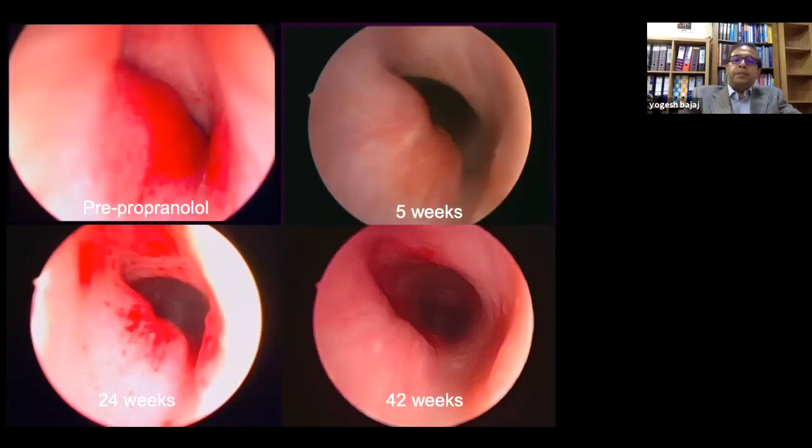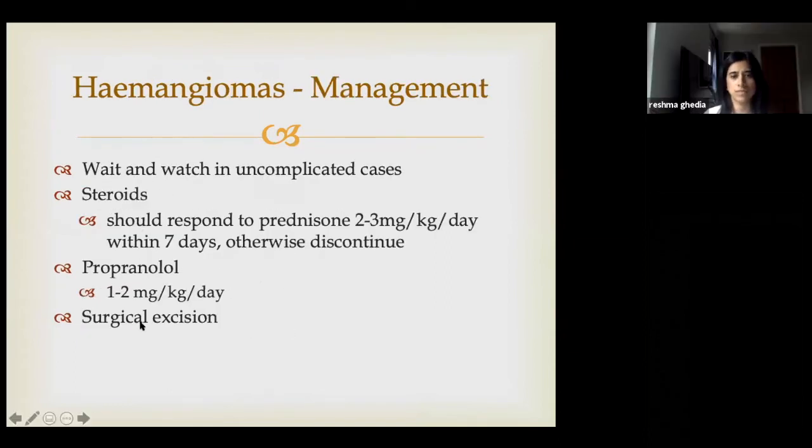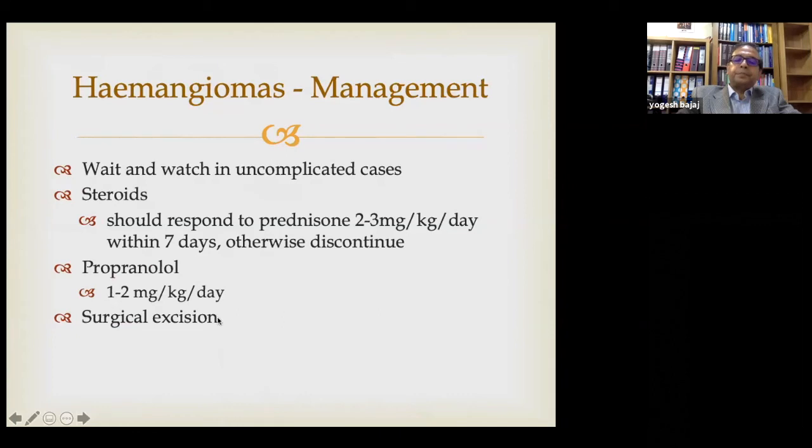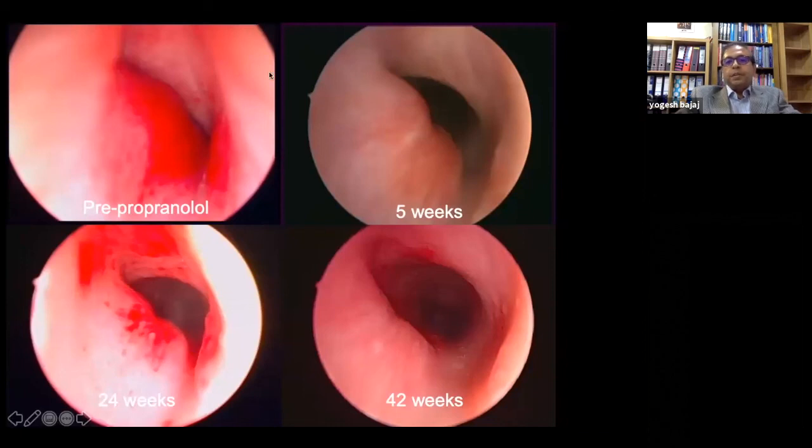I mentioned in my original slide about treatment: steroids, propranolol, surgical excision. For subglottic hemangiomas, if, for example, this one was a circumferential hemangioma, then you hope that propranolol will work. But if propranolol does not work, then really your only option is a tracheostomy.